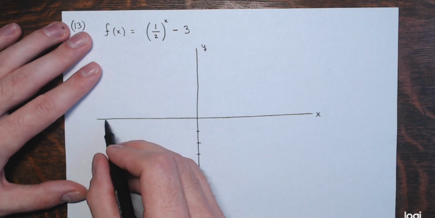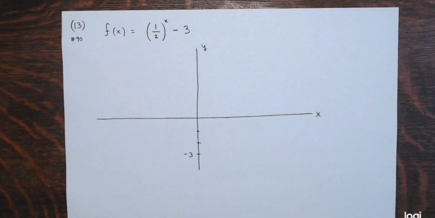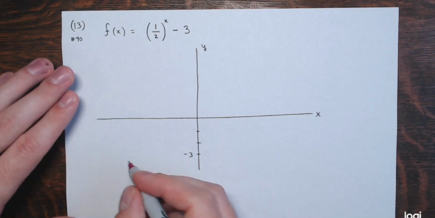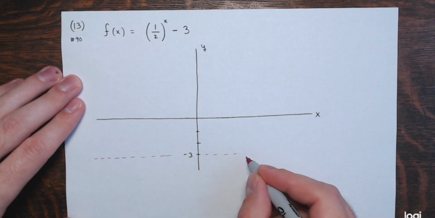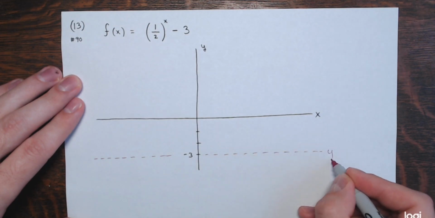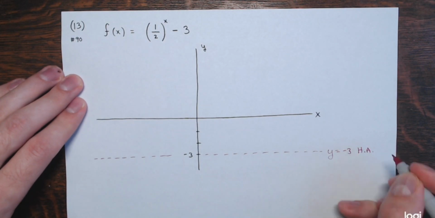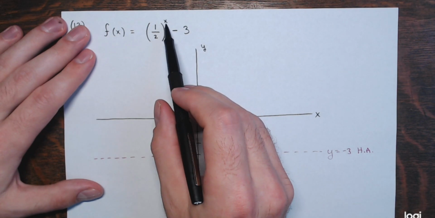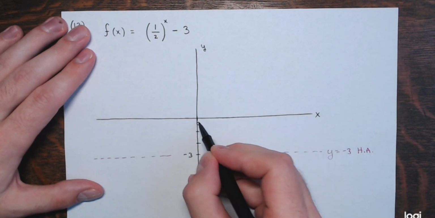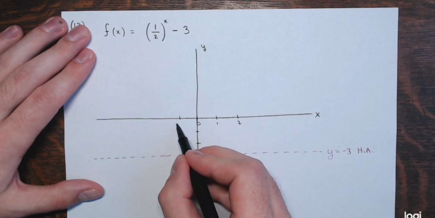Instead of the horizontal asymptote being the x-axis, it's going to again be this line here, dotted line. Y equals -3. That's the horizontal asymptote for this function. And since it's just half to the x power, I'm going to plug in the usual, 0, 1, and 2, and -1 and -2.